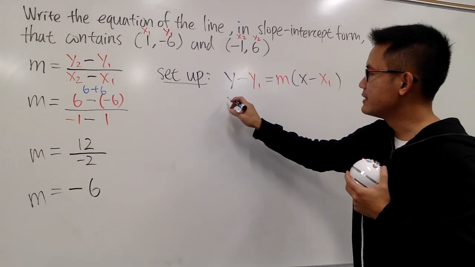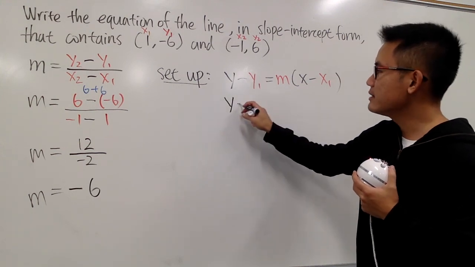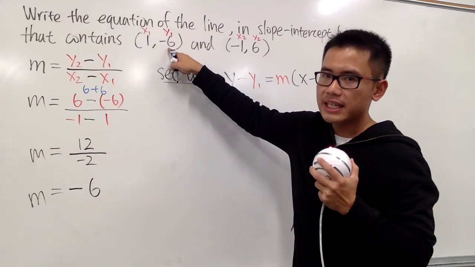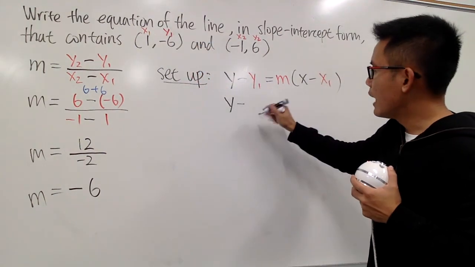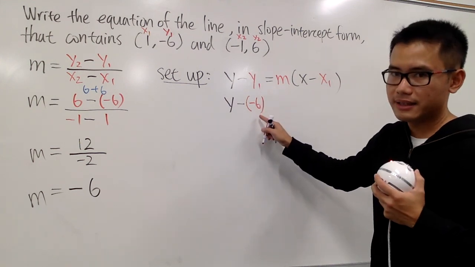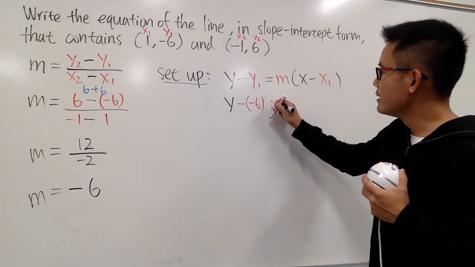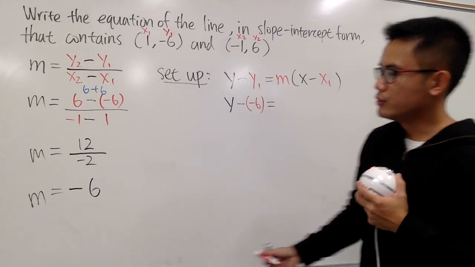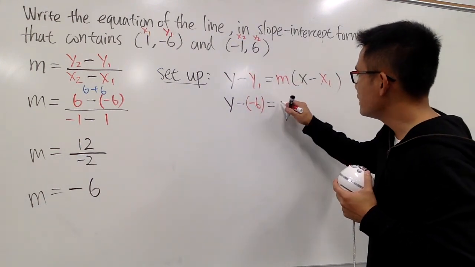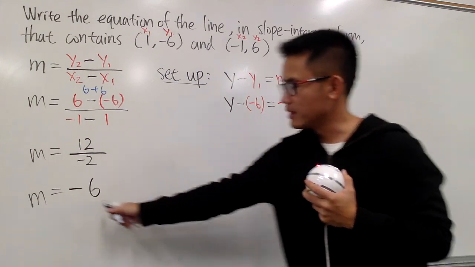First of all, this y stays, right? And then the minus stays. But the y1 is -6, so I will put down parentheses -6 for the y1 like this. Continue, this is equal to m, which is -6, okay? So the m is -6 right here.